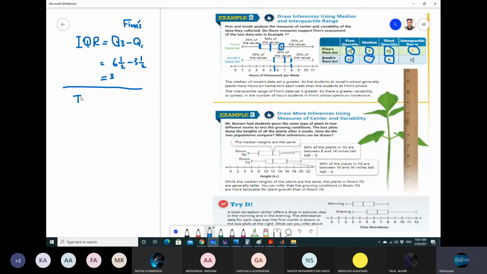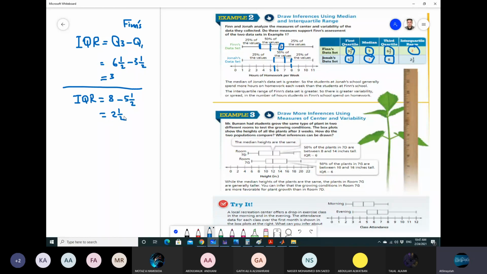The IQR, interquartile range, again is a measure of variability. The IQR is equal to 8, which is Q3, minus 5.5. So it gives you 2.5. And here the median is already calculated.